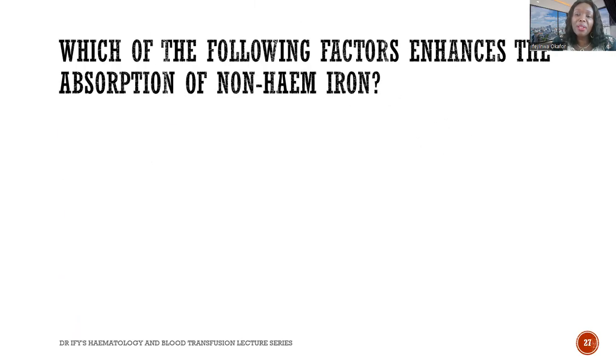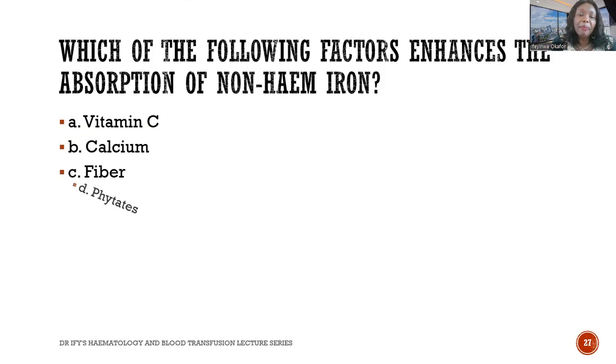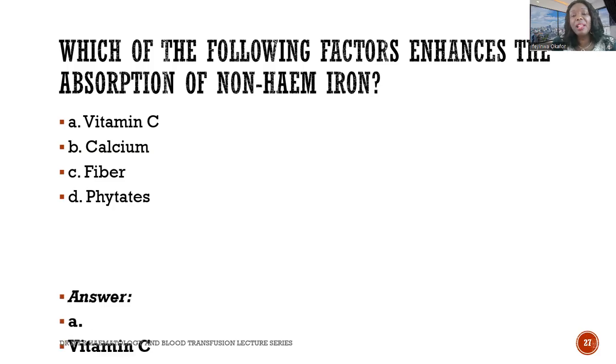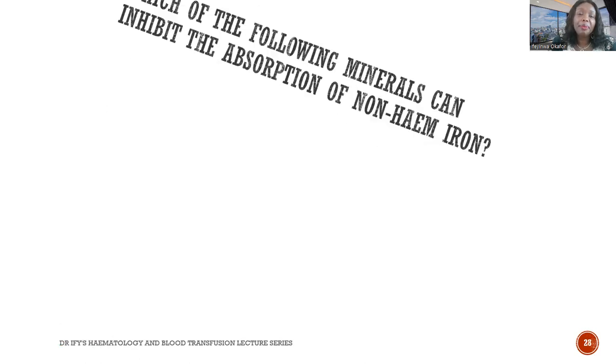Which of the following factors enhances the absorption of non-heme iron? Vitamin C, calcium, fiber, phytates. Answer A, vitamin C increases the absorption of non-heme iron because it enhances the reduction of iron 3 to ferrous iron.